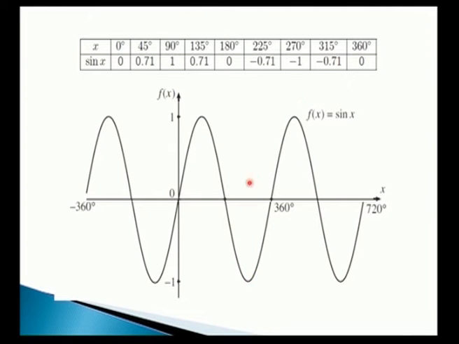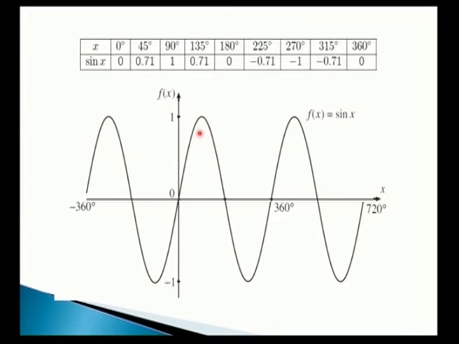When you increase the x value further, like 315 degree, then the value of sin x becomes again minus 0.71. Then when you increase that to 360 degree, sin x value becomes 0. So, here we got the complete wave. This is in the form of wave.